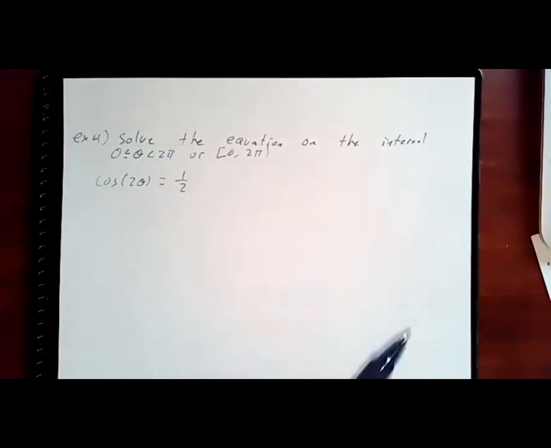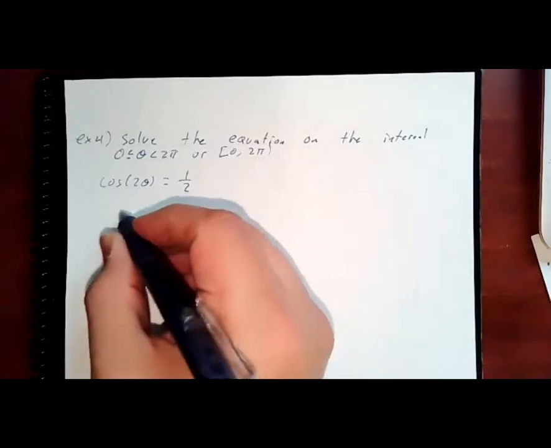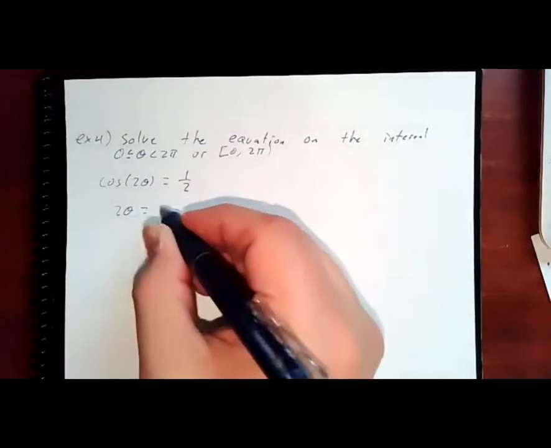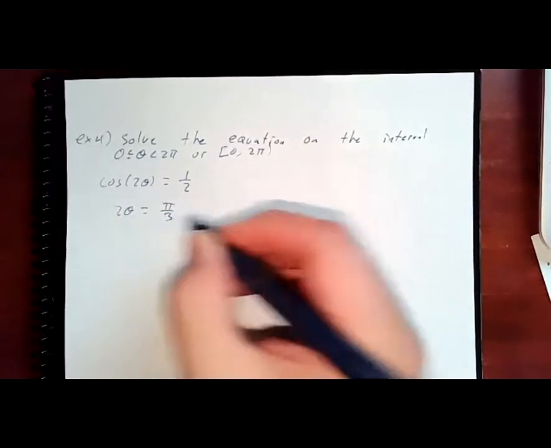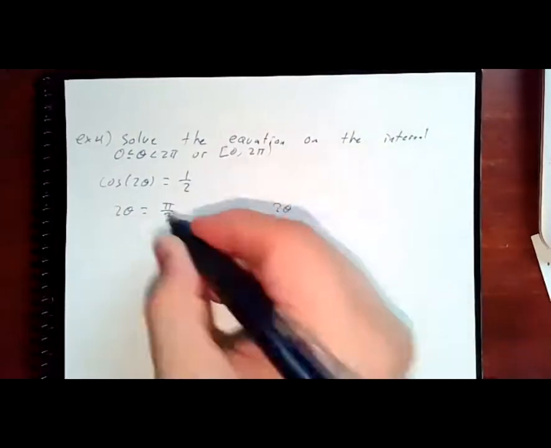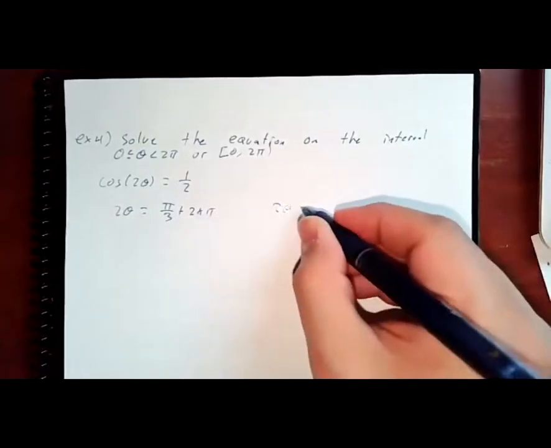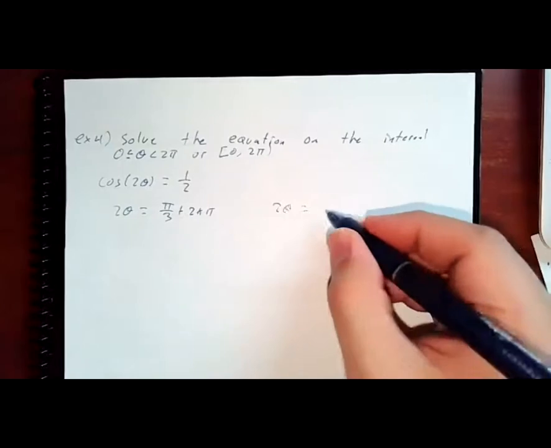Okay, so 2 theta plus 2k pi is equal to pi over 3, and 2 theta plus 2k pi is equal to 5 pi thirds.